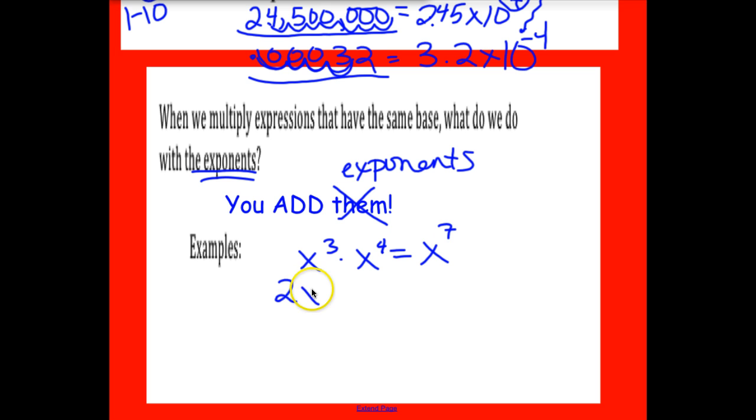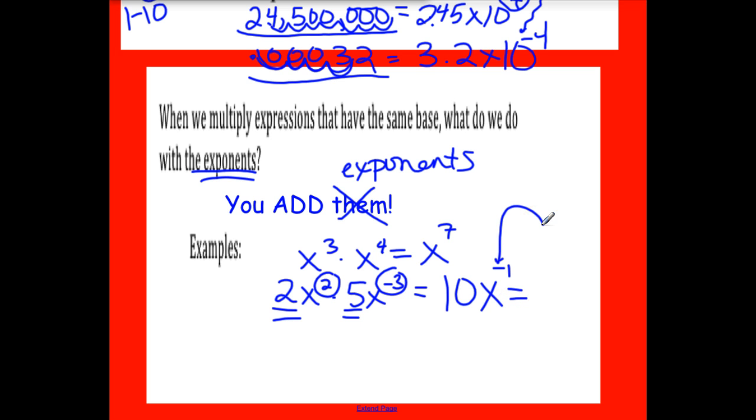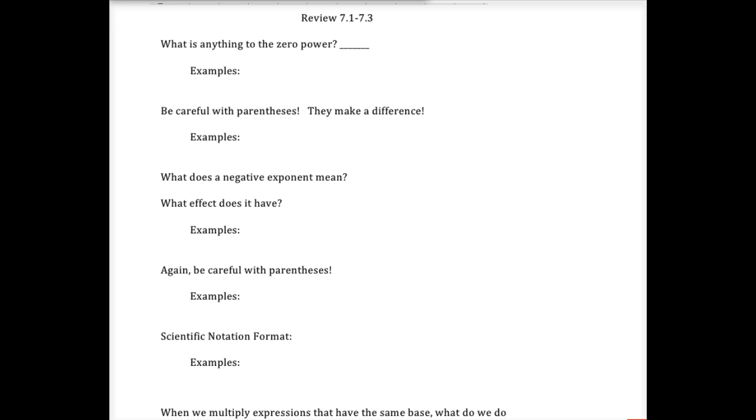When I have some coefficients in here, and maybe some negative exponents, remember these out-fronters I do out front: 2 times 5 is 10. x squared times x to the negative 3rd has a common base of x. I add those exponents and get a negative 1. I use my negative exponent property that says whatever's being raised to that power, in this case just the x, gets sent down, or we divide by it.